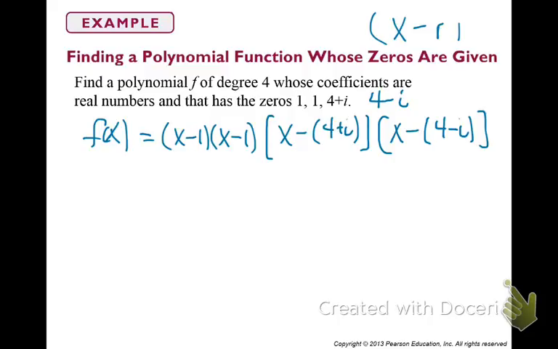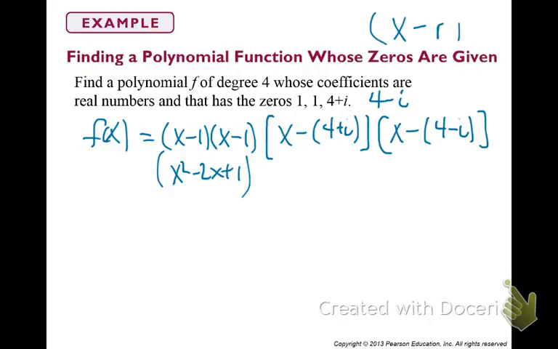Okay, that x minus 1 squared, go ahead and multiply that out. That one's real easy and quick for you. Multiply your x minus 1 times your x minus 1. What's that going to give you? Okay, with the x minus 1's multiplied out, that leaves us with our complex numbers.